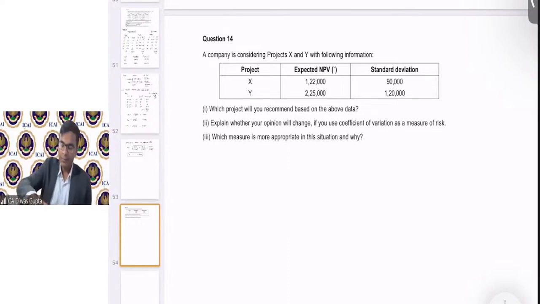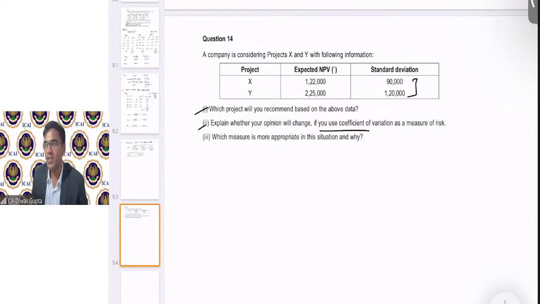Okay. Now, first of all, students, this is a very simple question. It is asking which project will be recommended. So purely on the first part, we cannot apply our coefficient of variation because it is asked in the second part. For the first part, we will use the comparison between standard deviation. The comparison between standard deviation says that X has a lower risk, correct?